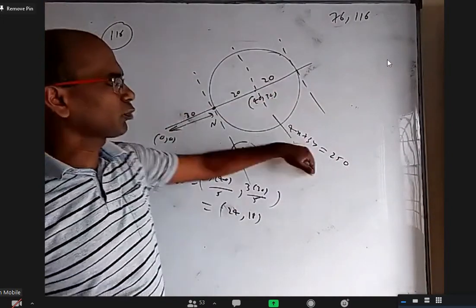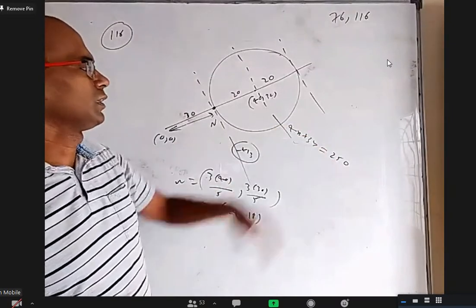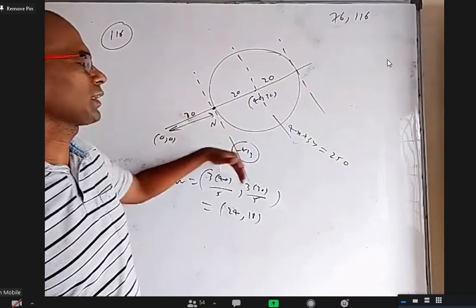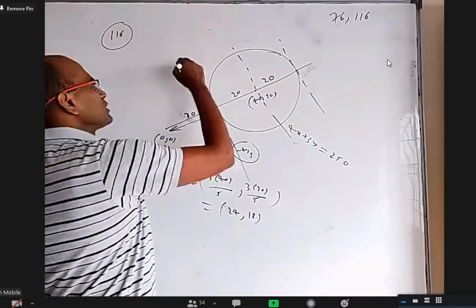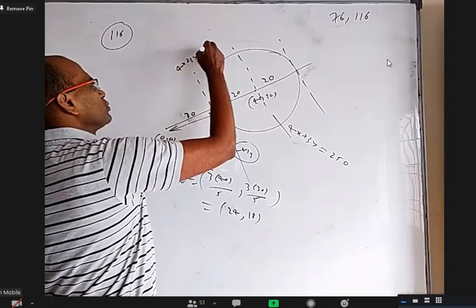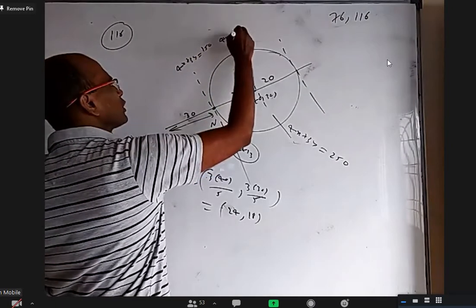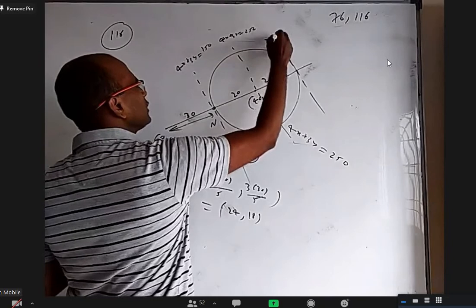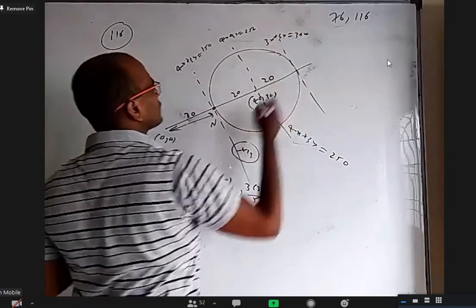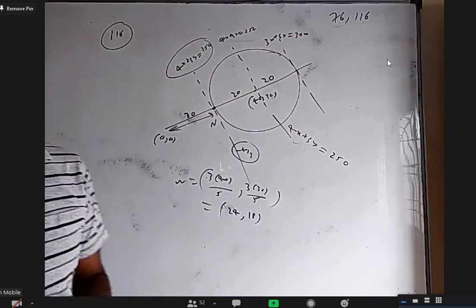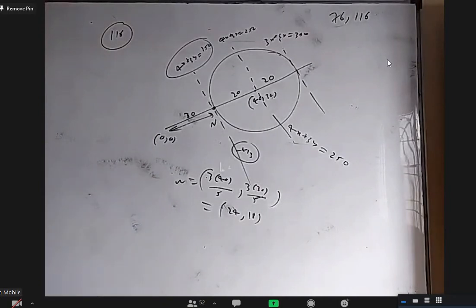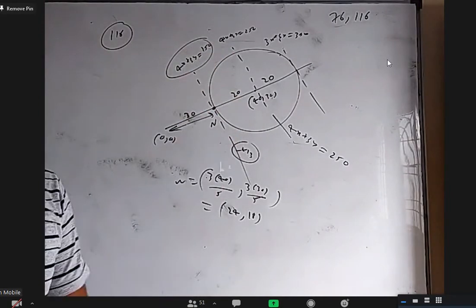If I want to travel 20 units, I have to add 100. So if I add 100, I'll get this; if I subtract 100, this is 4x plus 3y equal to 150. This is 4x plus 3y equal to 250. This is 4x plus 3y equal to 350. So directly 4x plus 3y equal to 150 is the answer. It's okay, you don't have to write this, it's just an understanding.